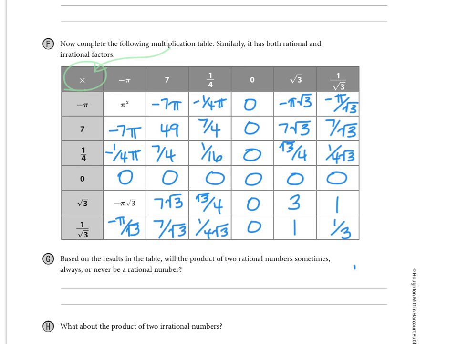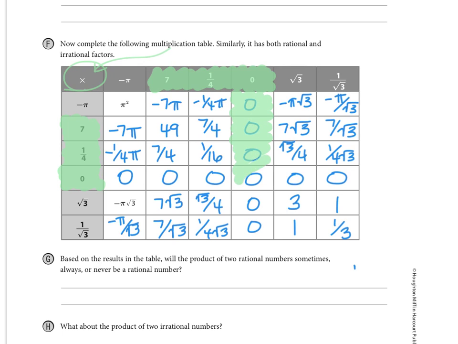And now they're going to ask us again, rational versus irrational. So I'm going to take my highlighter or my colored pencil or whatever I have. I'm going to highlight all the boxes that are rational. All right, that means I'm avoiding anything that has a square root left in it or a pi symbol.